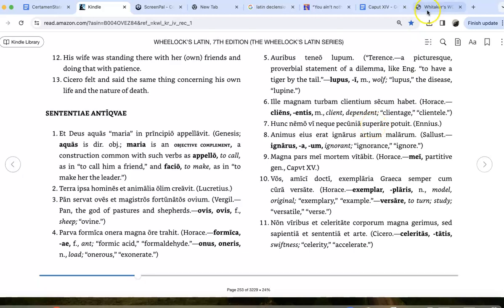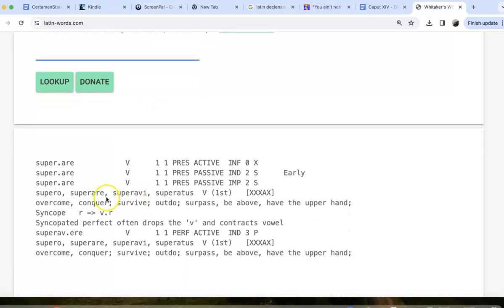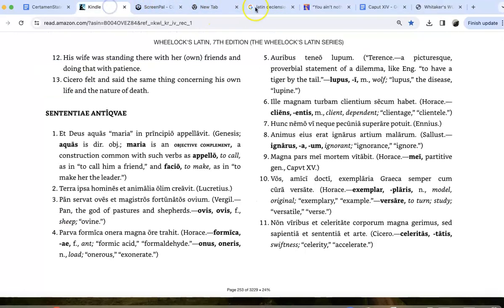defeat him. Superare could also mean, that's where we get the word Superman, but it could also mean overcome, conquer, survive, surpass. So maybe I'll go with either conquer or overcome. The idea is, once again, that no one was able to bribe him or corrupt him morally.